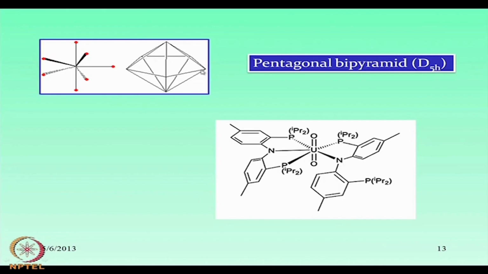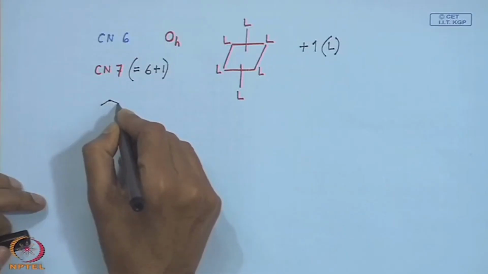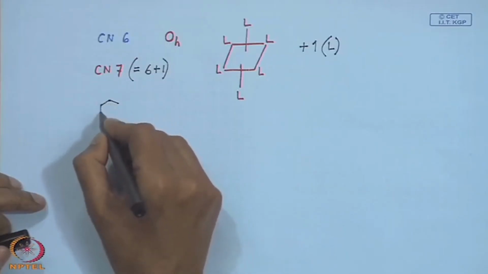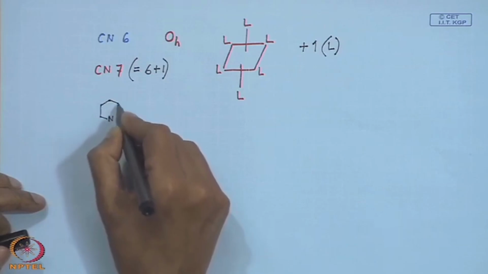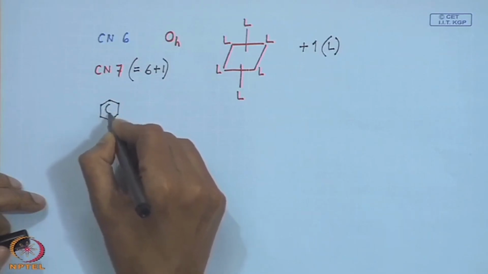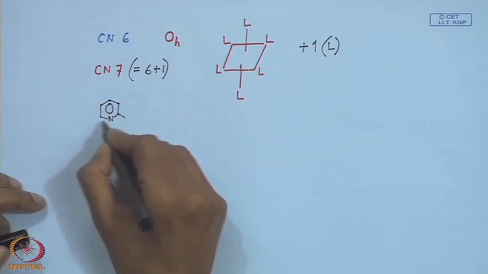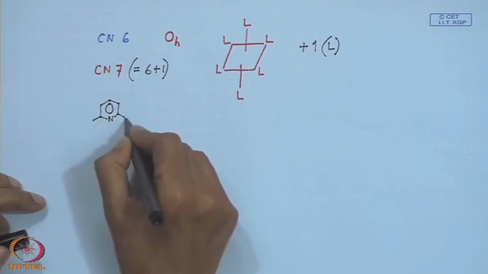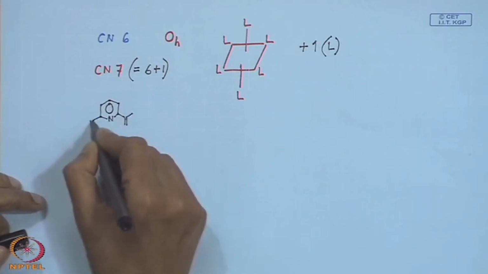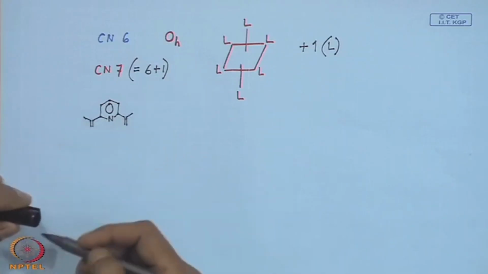So, there are 5 coordination positions from this particular pentagonal plane, with one oxo above the pentagonal plane and another oxo below the pentagonal plane. This sort of situation we can also get if we have a ligand system which is pentadentate, deriving from 2,6-diacetyl pyridine. So, this is 2,6-diacetyl pyridine.